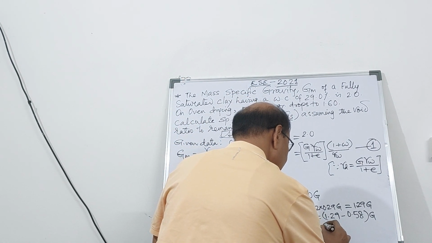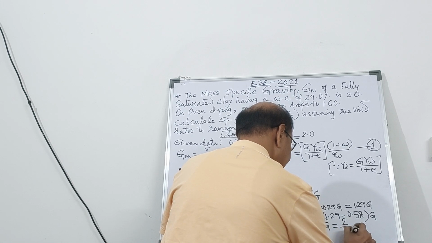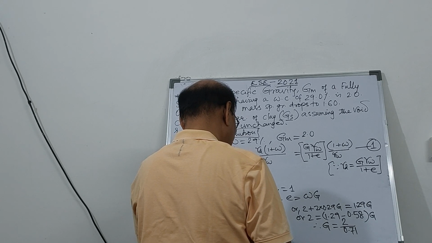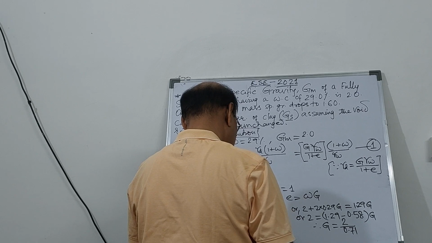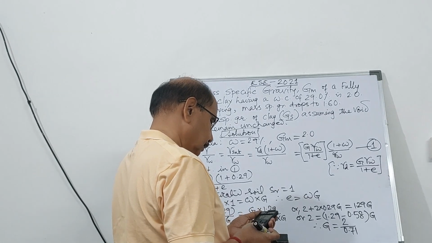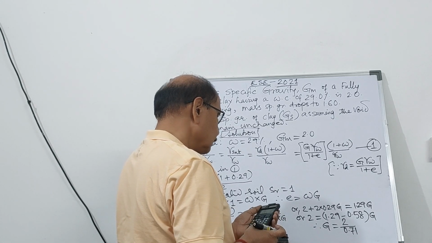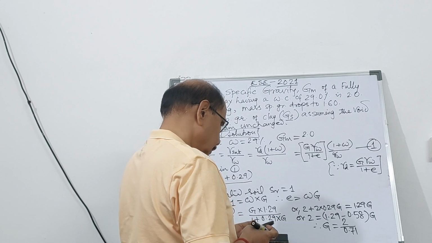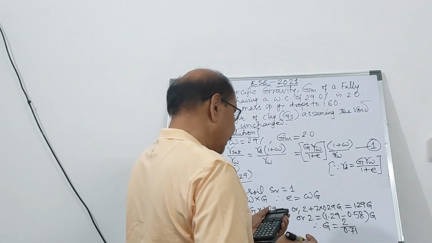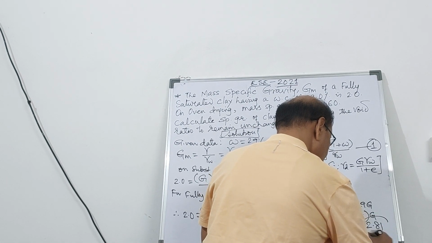So G equals 2 divided by 0.71, which is 2.81. This is the answer.